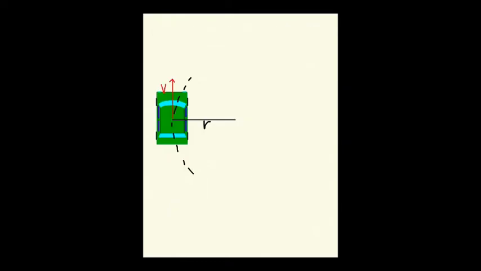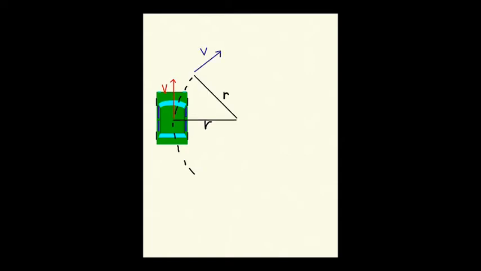So here I have my car traveling around a circular path at some velocity v. The circular path has radius r. At some point later on, it will be moving with velocity v along the circular path like this.